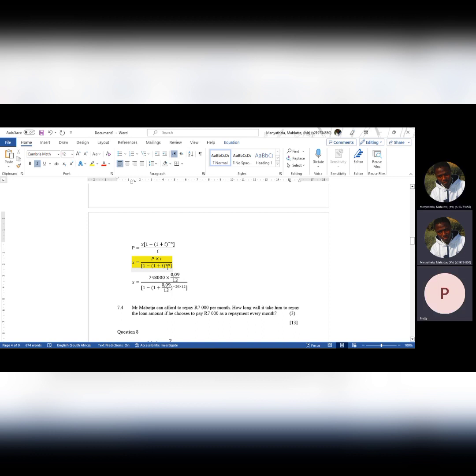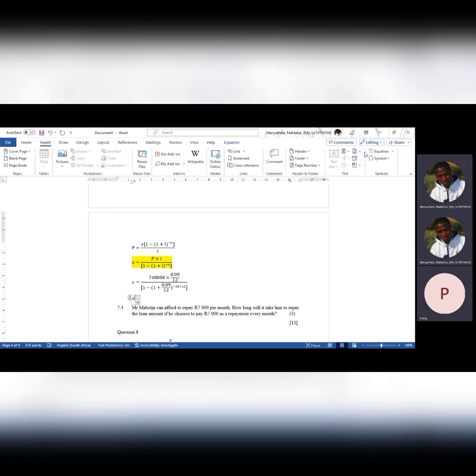Oh, the one of x equals p multiplied by i. Yes. You know where it comes from? Is it not coming from that one of p equals x? Yes, that's where it comes from.